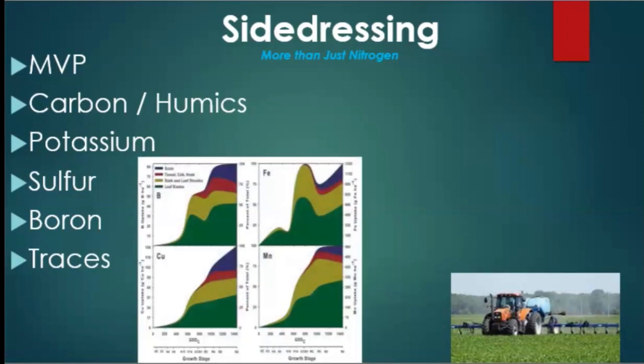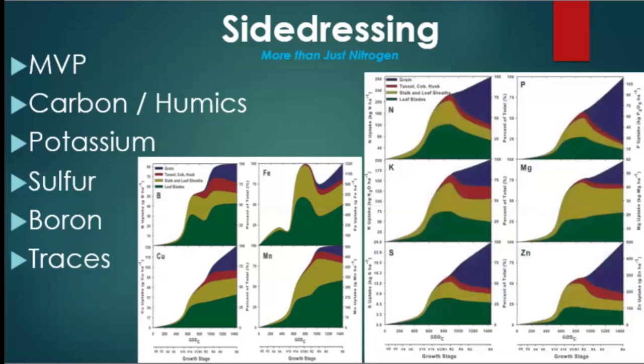So look at these charts here. That's boron, iron, manganese. I mean, every nutrient you might think of. This is kind of the curve. It's hard to see here, but through the life of the plant, when is it going to uptake the nutrients and how much, and where is it coming from?